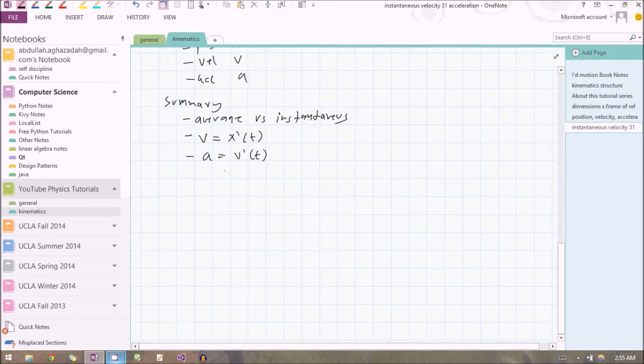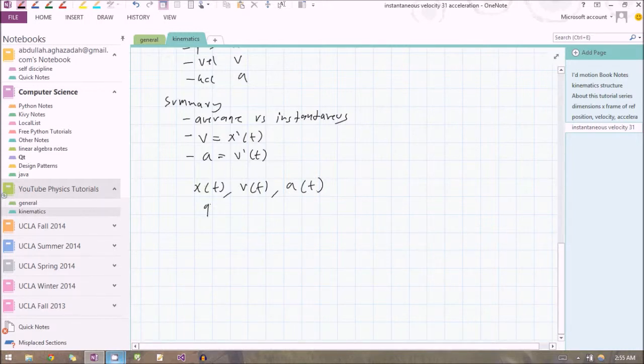So now we know this, and we can be given any of these three. We can be given position as a function of time, velocity as a function of time, or acceleration as a function of time, and we can be asked to find any of the others.